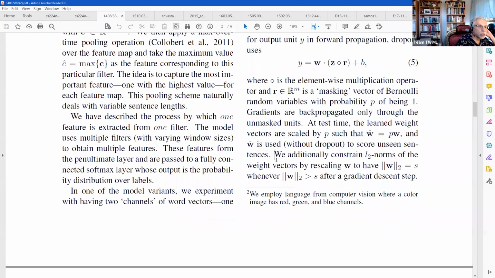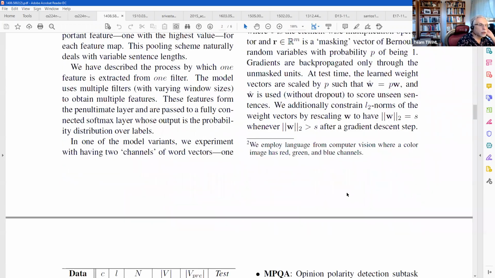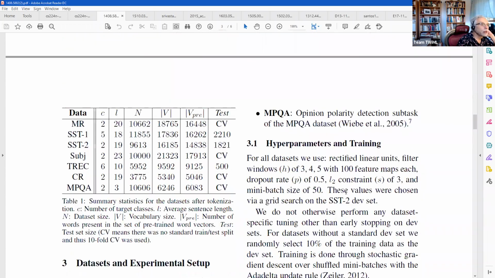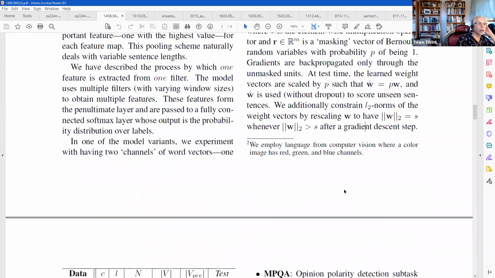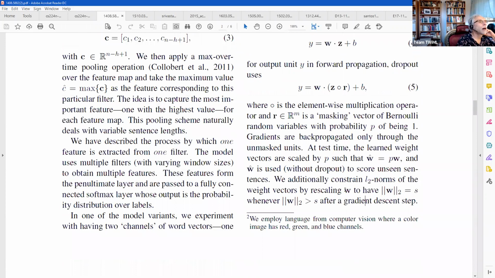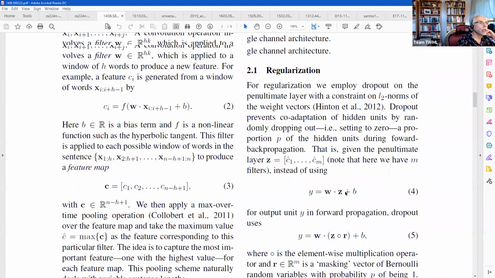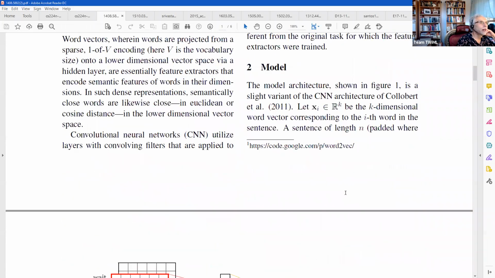We additionally, this is what I mentioned, constrain the L2 norms by rescaling W to have norm of S, where S in this case is 3, whenever the norm is bigger than S after a gradient descent step. So yeah. That's the whole architecture right there, and we're only on page 2 of the paper, right?